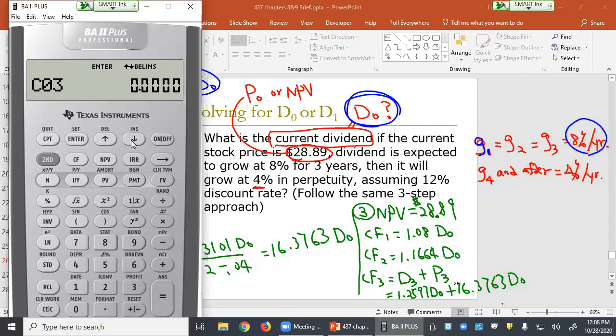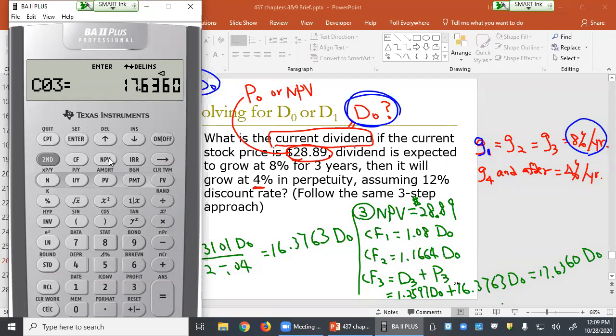Enter, down arrow twice to enter cash flow 3. And I have 1.2597 plus this number 16.3763 equals. So my cash flow 3 should be 17.6360 D0.